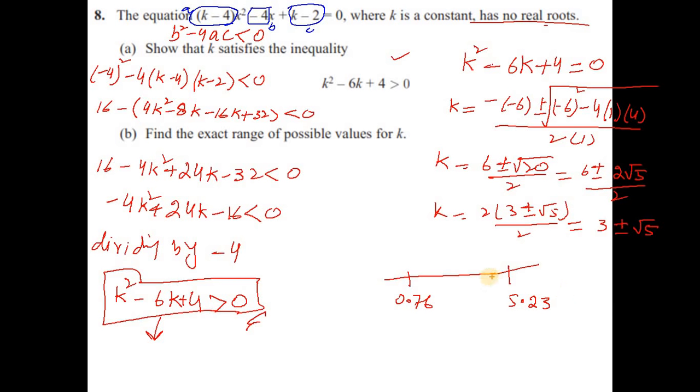Now we have 3 intervals: before 0.76, between 0.76 and 5.23, and more than 5.23.